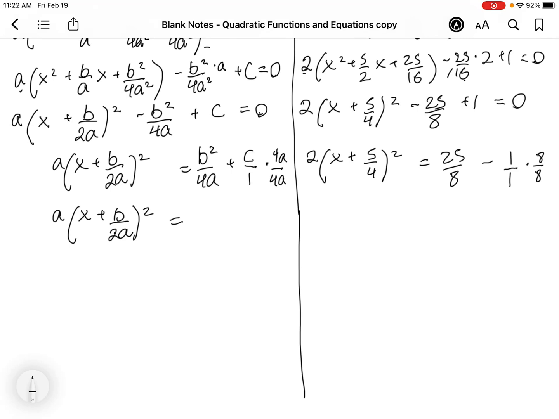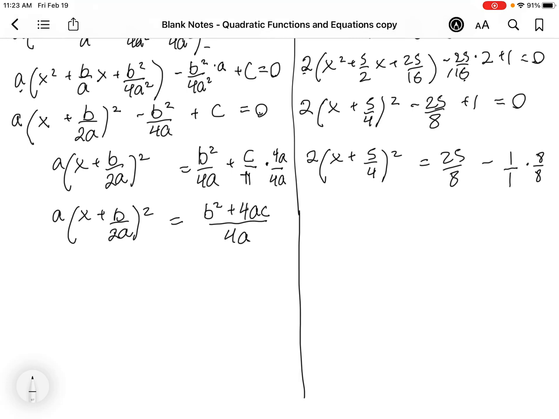But here I have this common denominator now of 4a because both of the denominators are 4a. In the numerator, I have b squared and then plus c times 4a. So that's 4 times ac, right? Because you can rearrange the order when you're multiplying all those terms together.